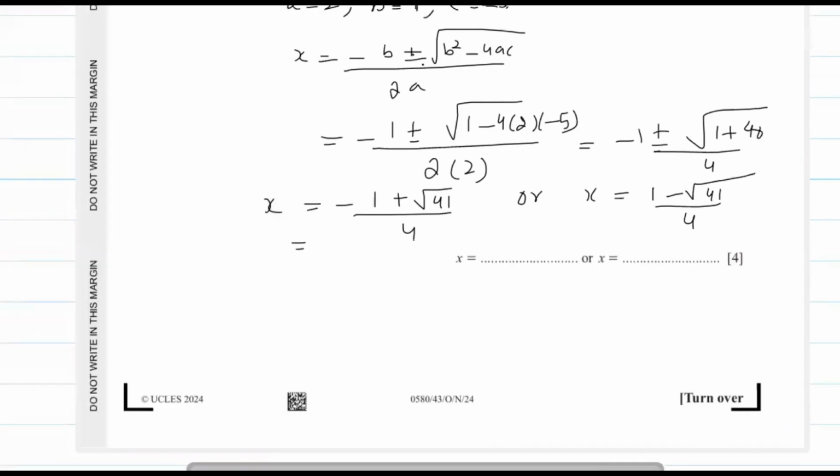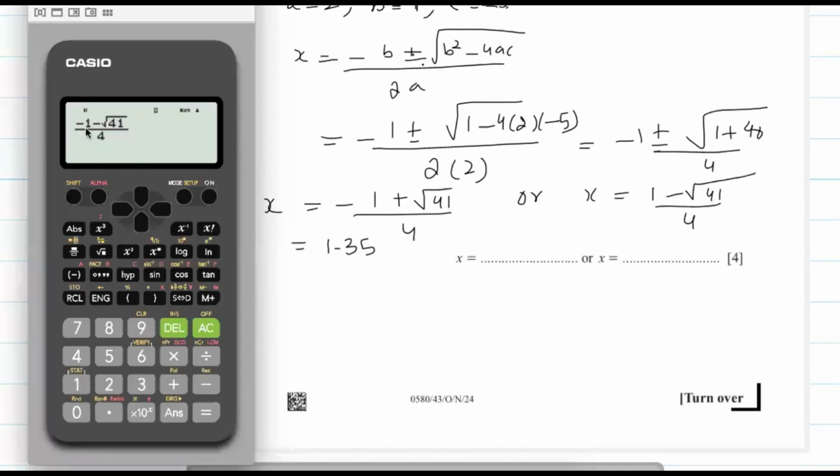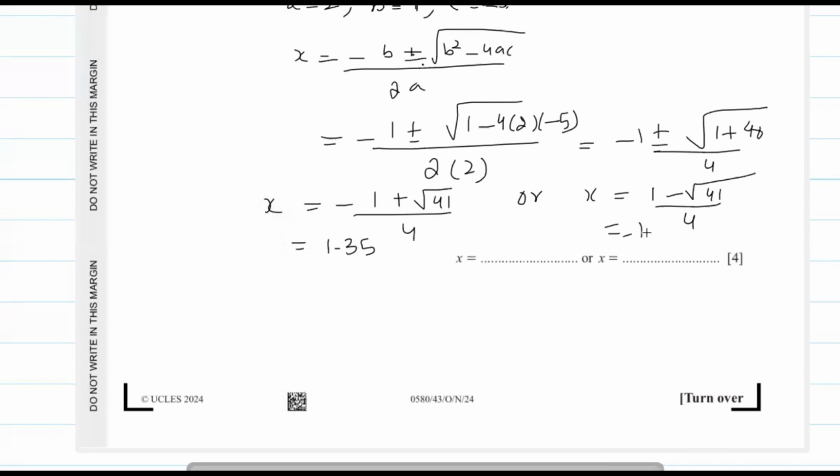And the next value we can calculate. Look here, this is minus 1 minus square root 41 over 4. This value will be equal to minus 1.85.